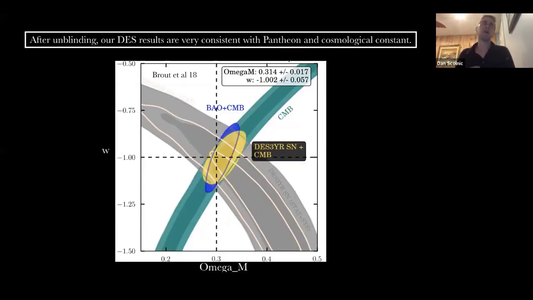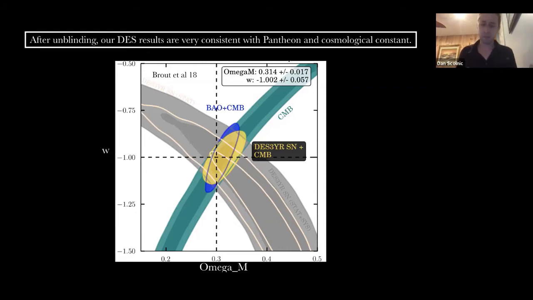Okay, now I'll say generally that the latest supernova cosmology results are in very good agreement with Pantheon. So this is another project that I worked on. This is from a paper led by Dylan Brout. This is from the Dark Energy Survey, where they combined new Dark Energy Survey data that was not in Pantheon with low-z supernovae that were in Pantheon.